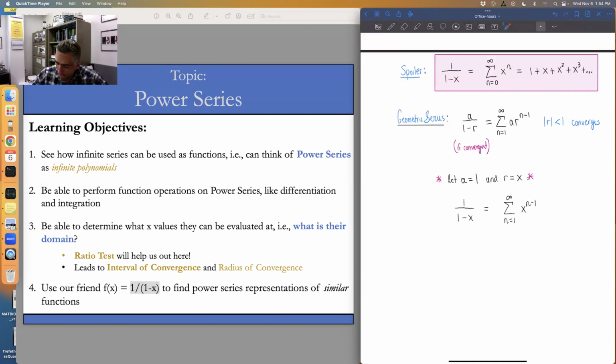And now the series that we have looks very, very similar to the power series I said we were going to get up above, except there are some small differences. Those small differences, of course, are that the series we have down here starts at n equals 1, and the power in the exponential is an n minus 1 instead of an n.